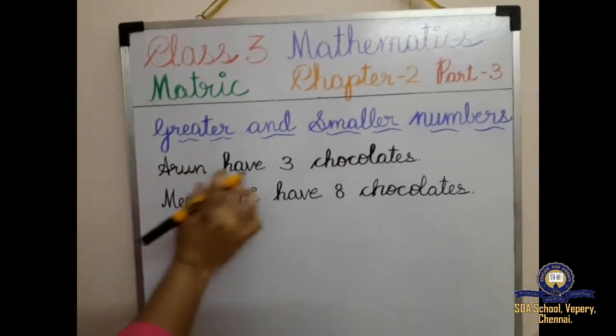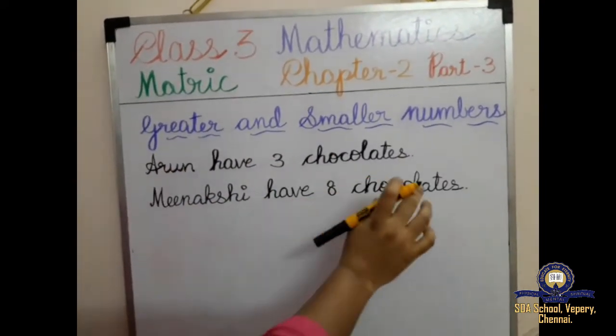So Arun has 3 chocolates and Meenakshi has 8 chocolates.